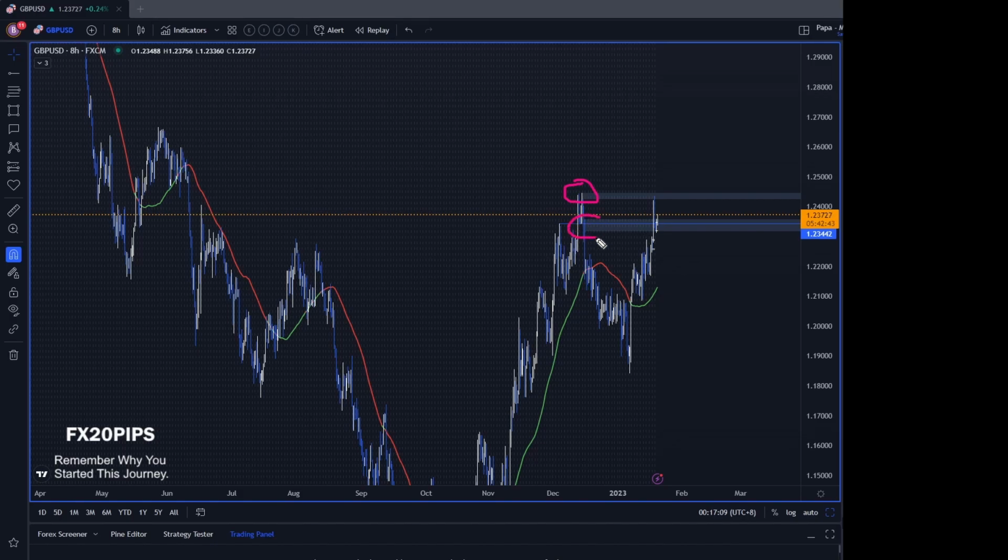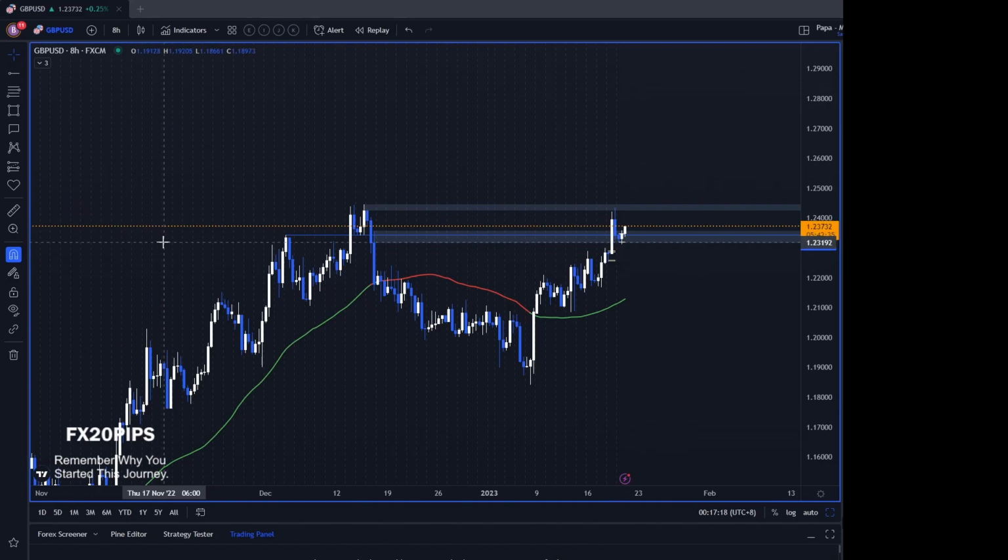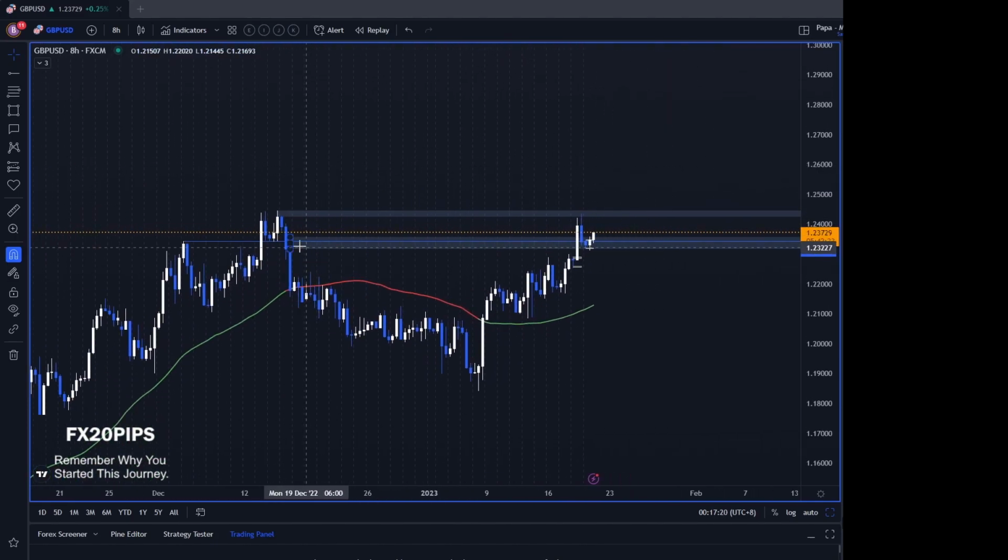Initially, why I put it here is because of the bearish candle here. Okay, the wick of the bearish candle here. Okay, and that was the reason why I initially had this block here.